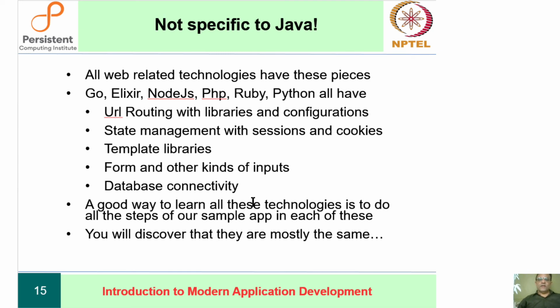A good way to learn all these things is basically to take our sample apps, especially this particular chain from Hello with servlets to Hello with JSP and JSP forms, and implement them in each of these technologies. You will find out that things aren't that different actually. There is no clear-cut superiority over Java, except perhaps Java tends to be verbose and the others are often perceived or actually are friendlier.